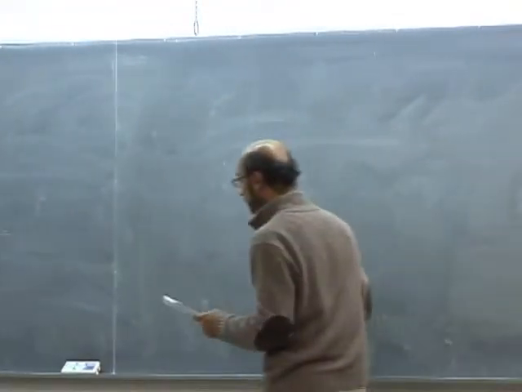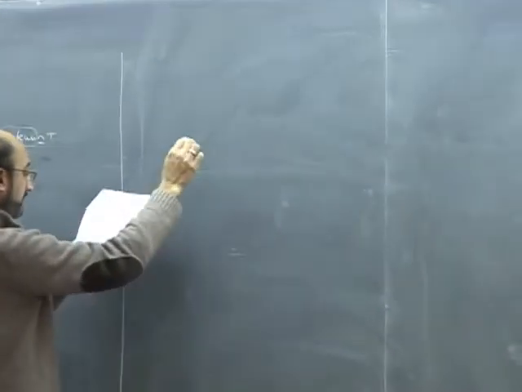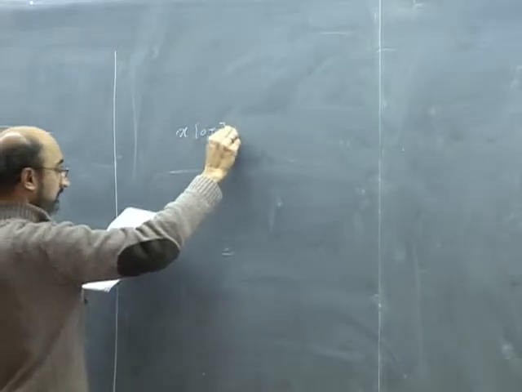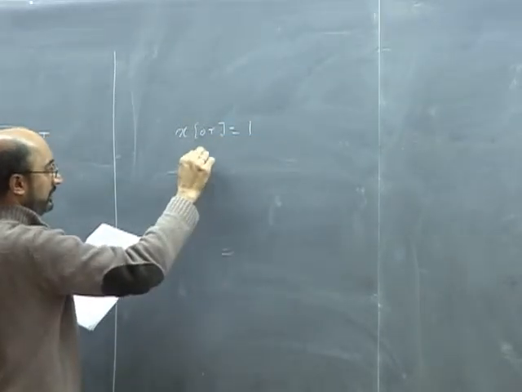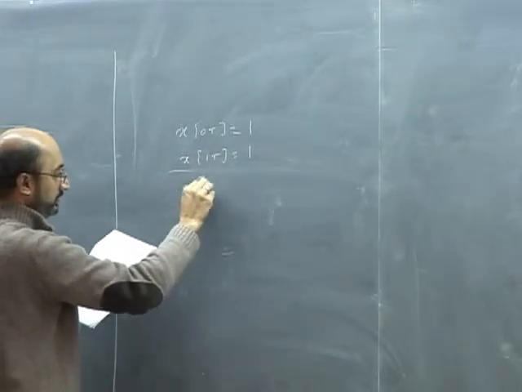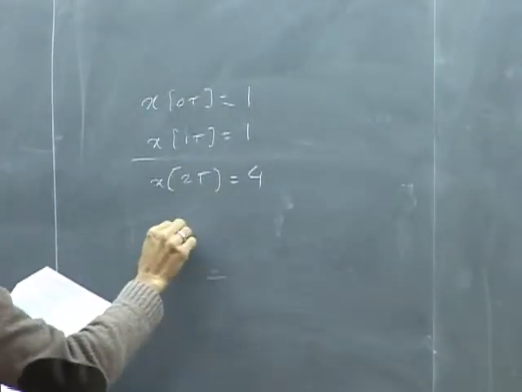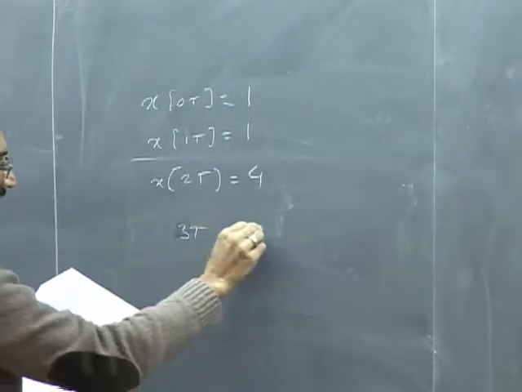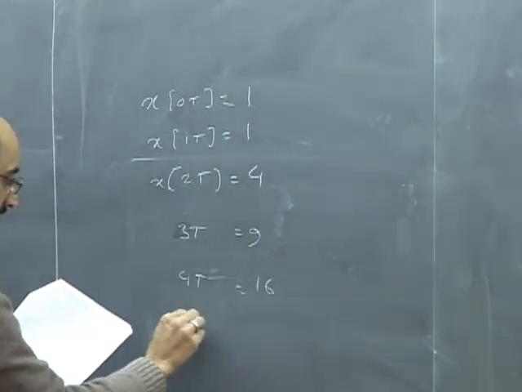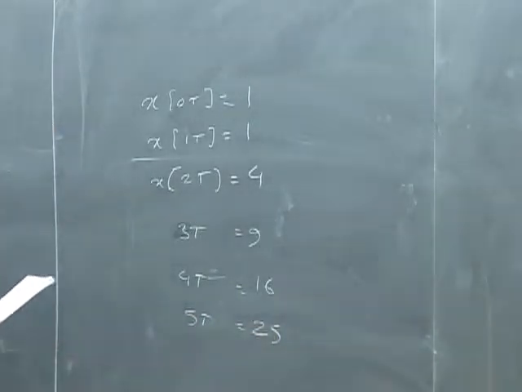Okay, so what we have over here is a discrete function of time, and the values are x[0T] equals 1, x[1T] equals 1, x[2T] equals 4. Okay, it's just a square, so x[3T] is 9, x[4T] equals 16, x[5T] equals 25. I think that's what I had.